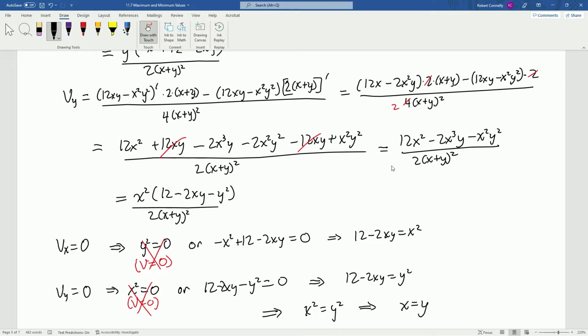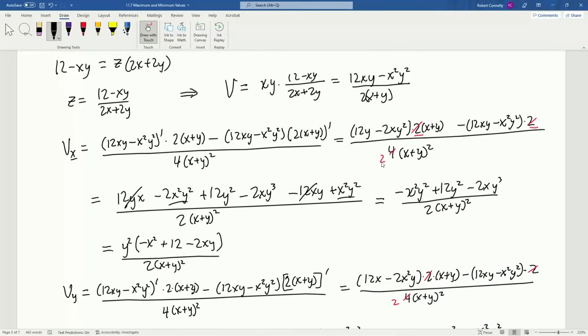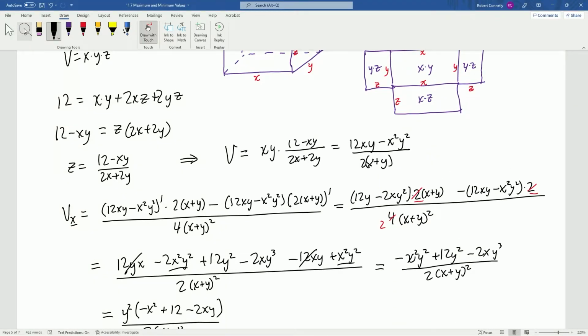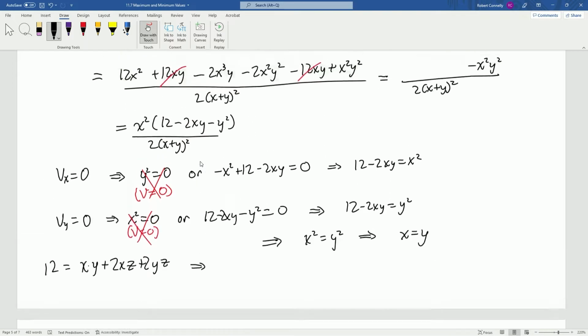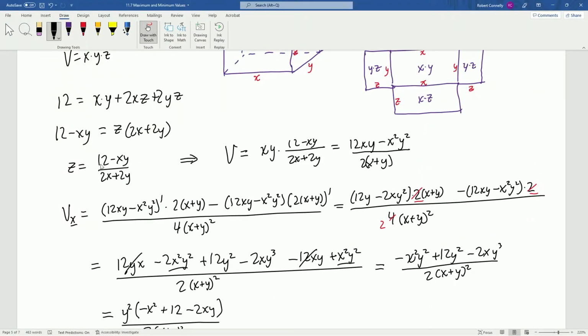Okay, so we've got that x equals y, and we have a constraint equation up here, which I'm going to save myself a little effort and just copy here. I'm really running out of room, aren't I? Okay, so if we plug our x and y values into our constraint equation, and with z, so we know that z equals this.